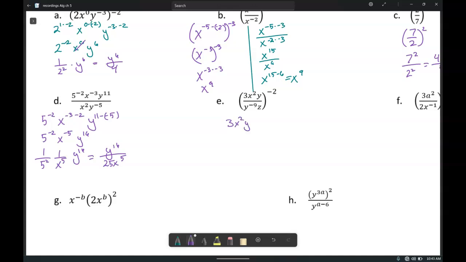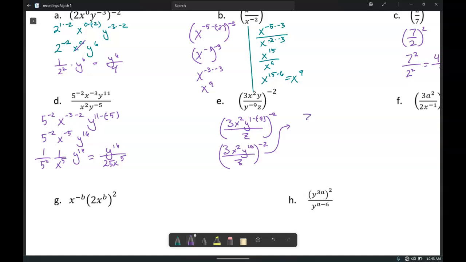3x squared y to the 1 minus negative 9 over z. Z is still in our denominator. So we have 3x squared y to the 10th over z. Before we apply the power rule, let's do the negative rule. The negative exponent is going to give us our reciprocal.